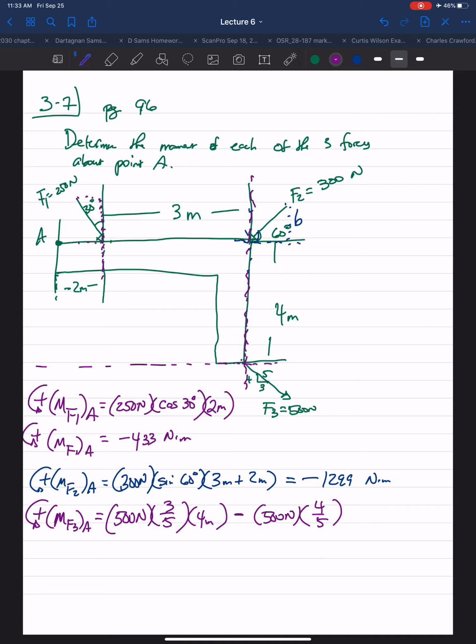And the perpendicular distance being the 3 meters plus the 2 meters, being 5 meters.